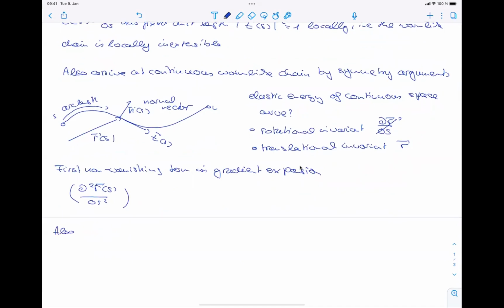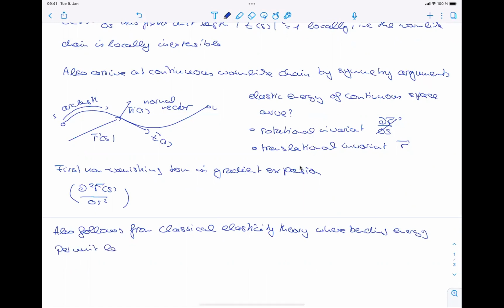It also follows from classical elasticity theory, and I typically derive it when I teach continuum mechanics, where the bending energy per unit length is kappa over 2 R squared, R being the curvature.